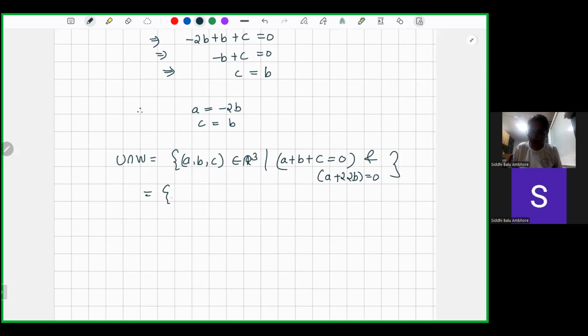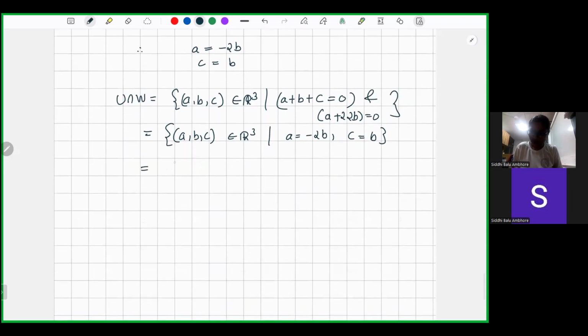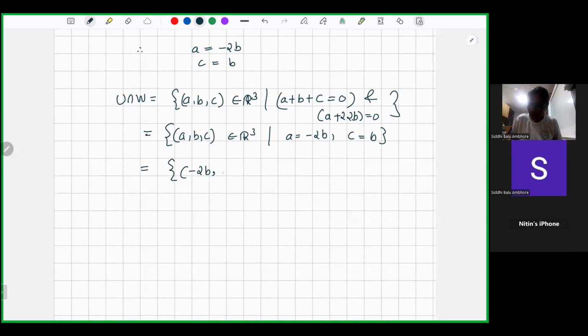And we got that if that has to happen, then we must have A equal to minus 2B and C equal to B. So we get (minus 2B, B, B) in R3 such that B is in R. So this is just R times (minus 2, 1, 1).